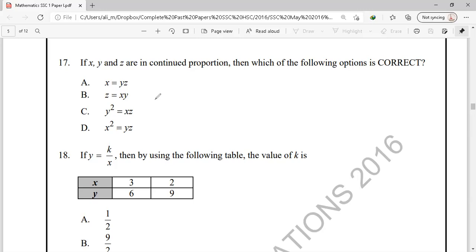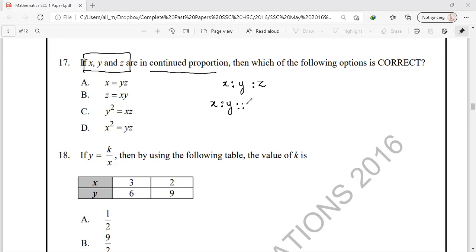Next, we have question number 17, in which x, y, z are terms in continued proportion. So let's make the continued proportion among these three values: x ratio y, y ratio z. This is the continued proportion. If we make the proportion from these values, we know that the second term is repeated in the third ratio as well.